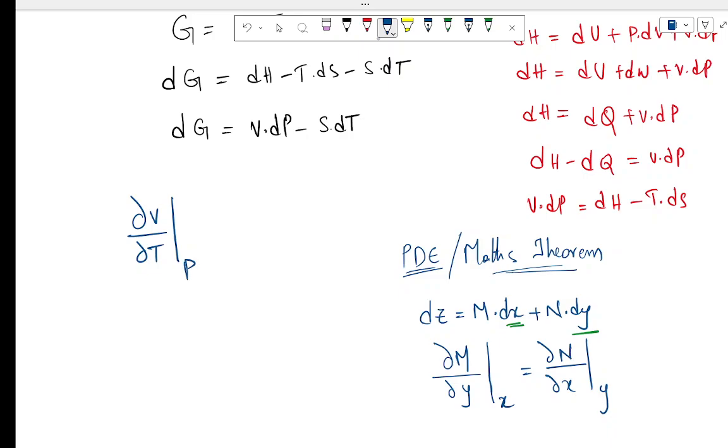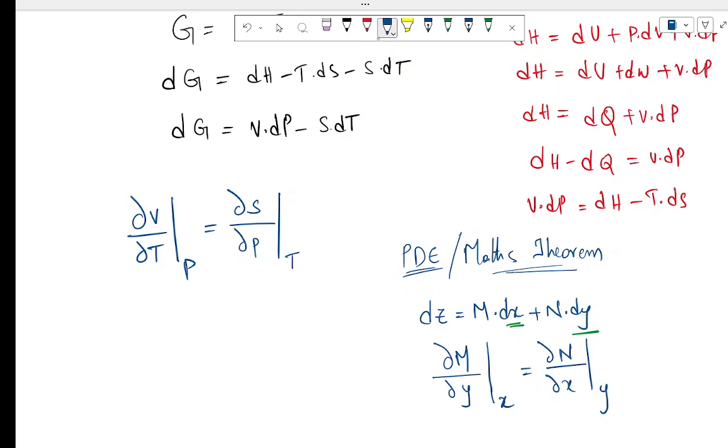So that is dou V by dou T at constant p, equal to dou, in place of n I have s here, dou s, and in place of x I have p here, so I should write dou p, and in place of y I have temperature, so I can write T here.